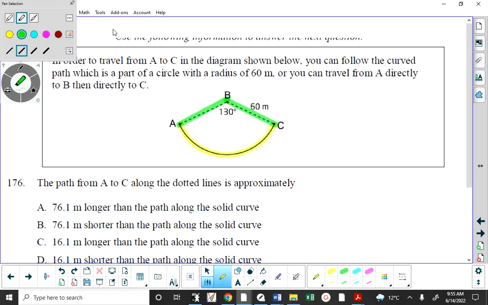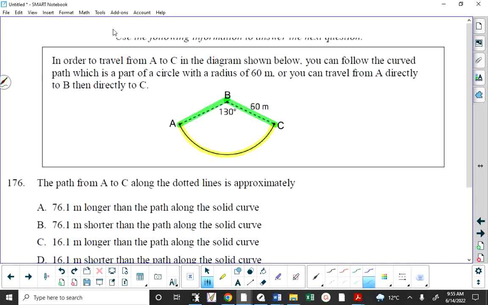And you can see very clearly that the path in green is 120 meters. The question is asking you to compare that path to the path along the curve.